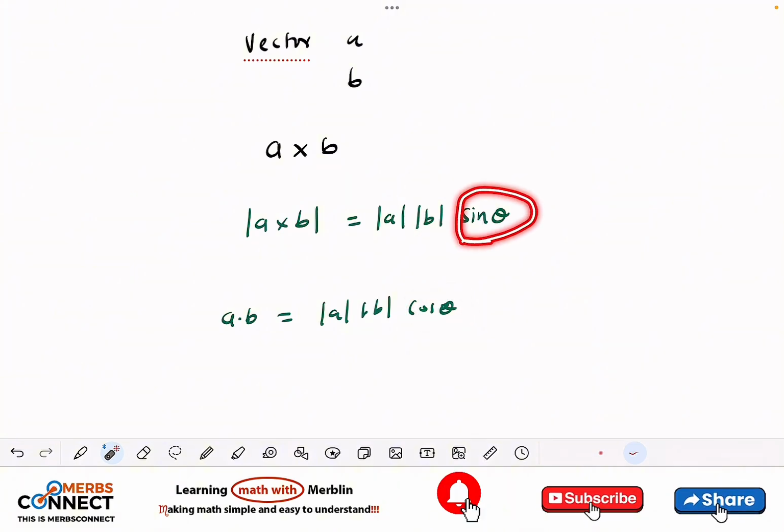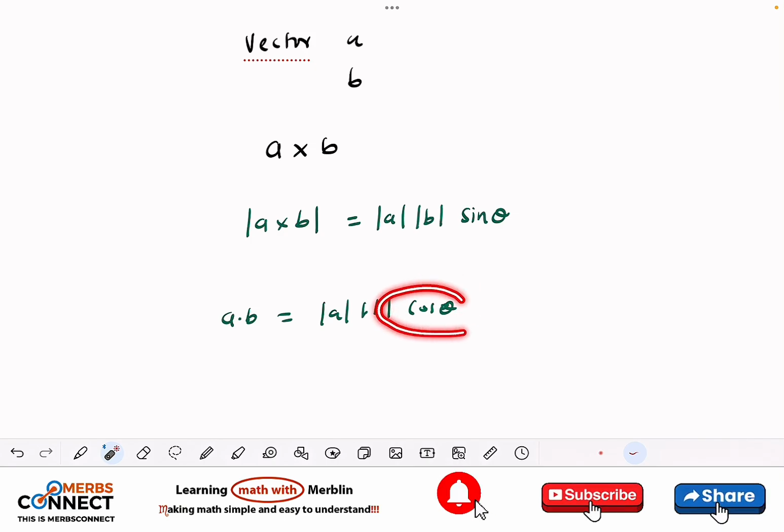But here, whenever a is perpendicular to b, we are not going to get 0 because sine 90 is not 0. But when they are parallel to each other, because it is sine, we are going to get 0. So this is some stuff that we need to figure out.